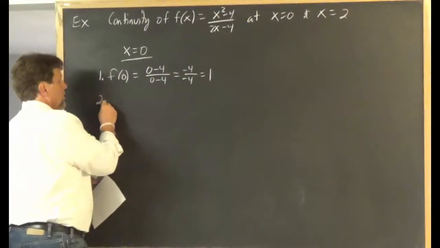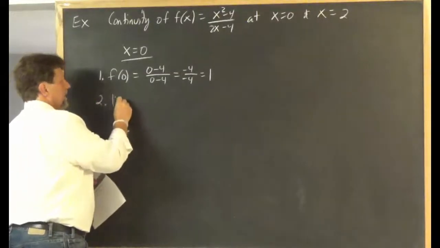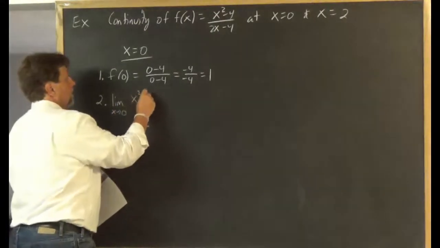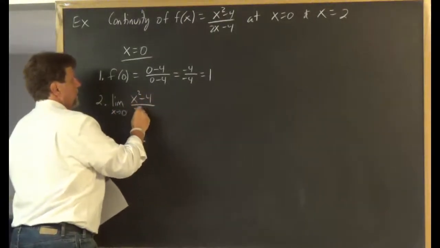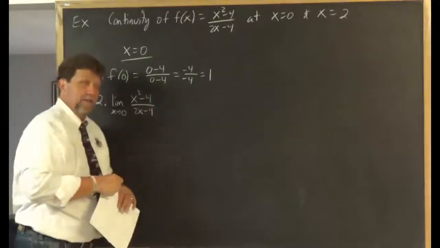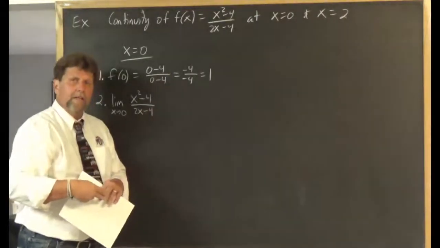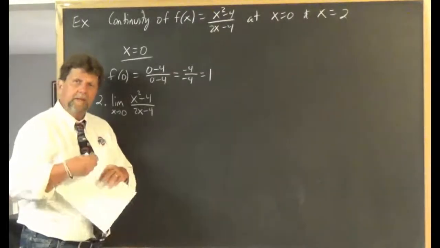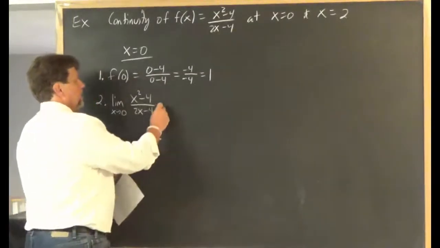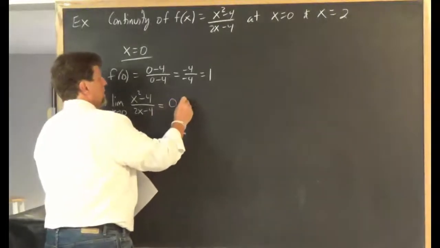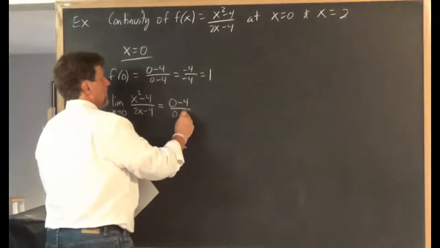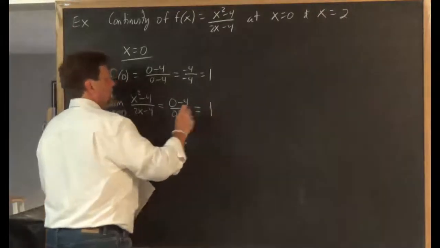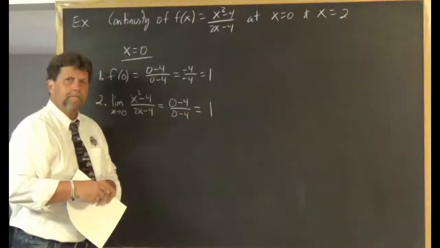Thing 2, does the limit as x approaches 0 of the function exist? Well, let's try to find the limit and see if it exists. Remember, the first thing you do in trying to find a limit is substitution. You substitute, you get 0 minus 4 over 0 minus 4, which is negative 4 over negative 4, which is 1.